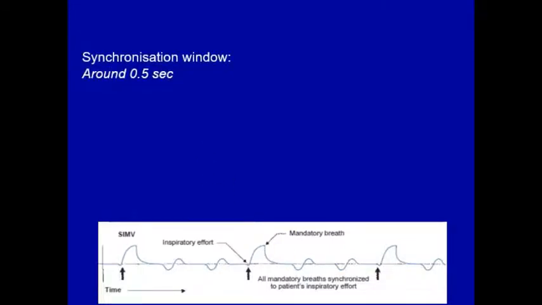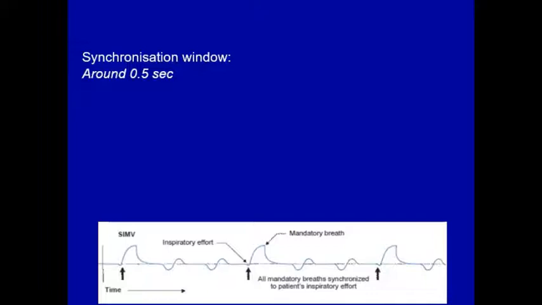I will give an example. We have kept a respiratory rate of 10 per minute in case of SIMV mode. So one breath will be delivered every 6 seconds. If the patient takes a spontaneous breath, say at 5.6 seconds, then this patient spontaneous breath and the mandatory breath will become the same, and a patient-triggered mandatory breath will be given.